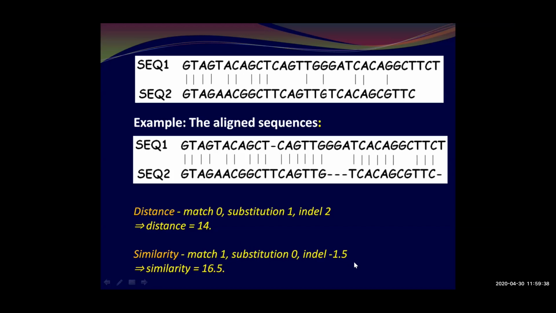Insertion deletion, negative score 1.5. We have 5 insertion deletions, so the negative score will be 1.5 into 5, minus 7.5. So the total similarity score will be 24 minus 7.5, which is equal to 16.5. Is it clear? So the similarity score will be 16.5 and the distance score will be 14.